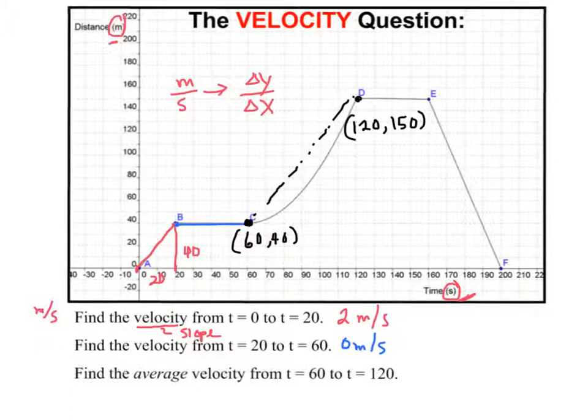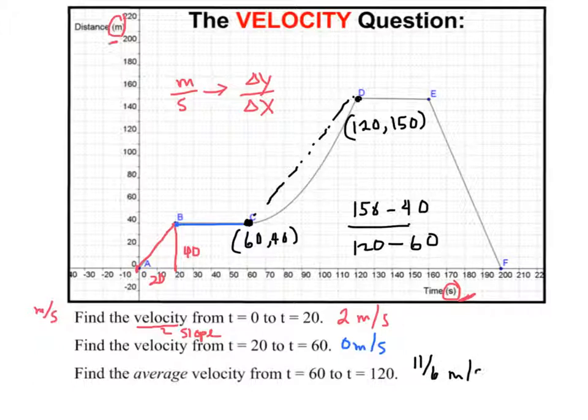So the slope would be the change in y over the change in x. So we've got 110 divided by 60, or 11 over 6 meters per second. And that's the average velocity.